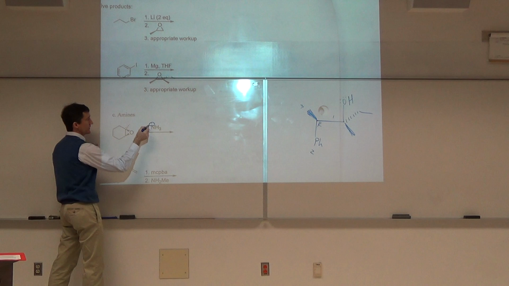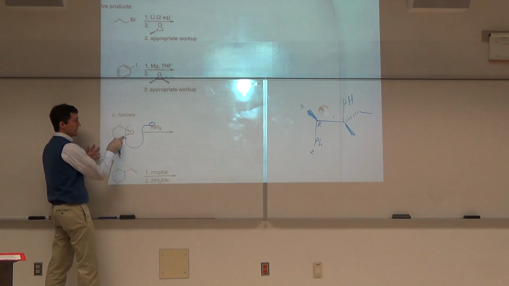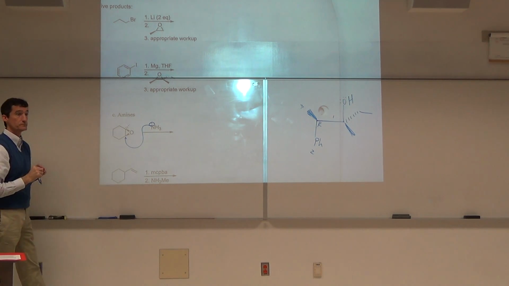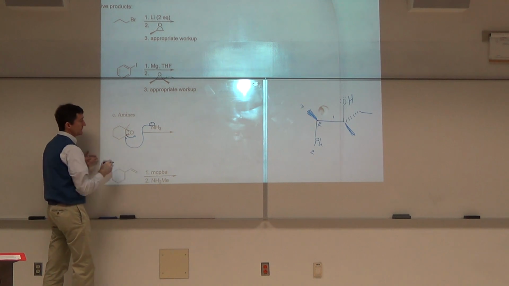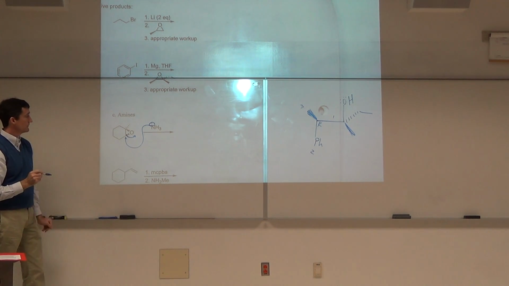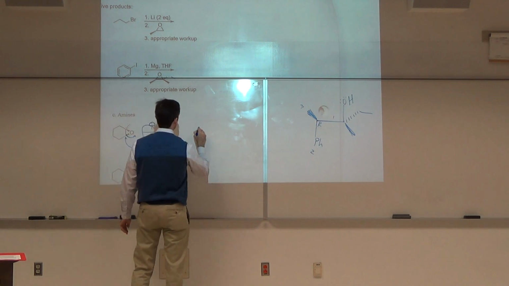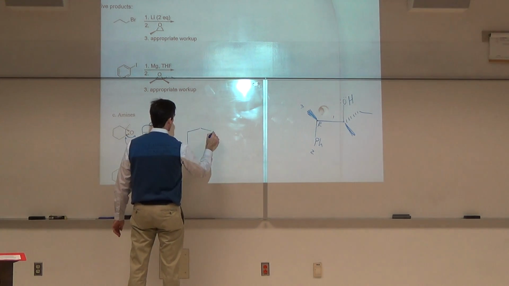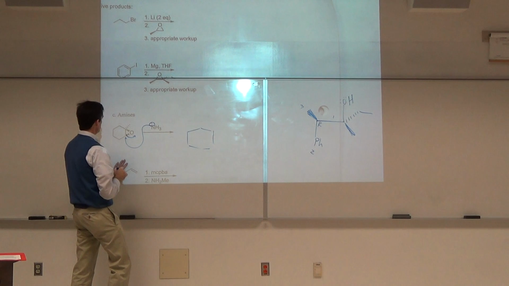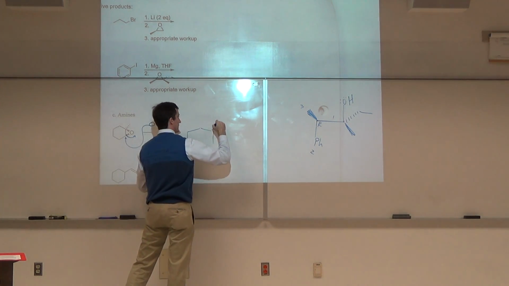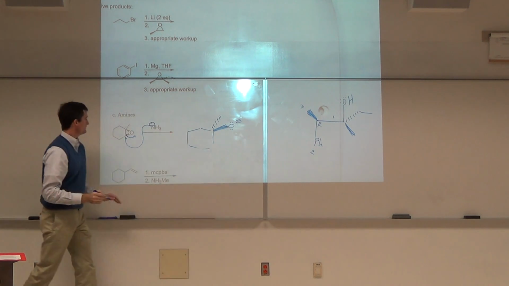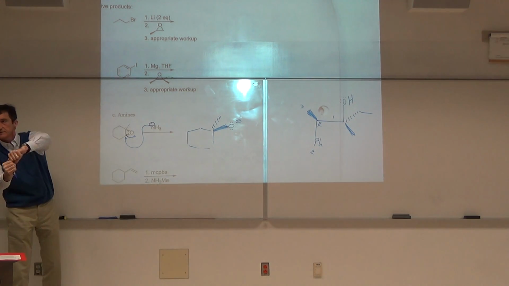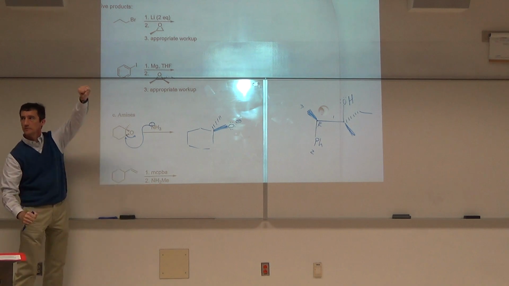SN2. So these electrons attack here. Kick these off. What are we going to get? This is up. Leaving group got kicked off. But it's still forward. I mean, it just gets kicked off with that carbon, but it's still forward.